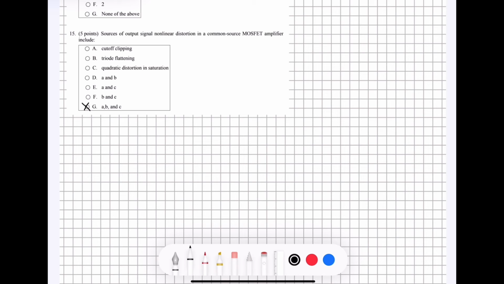So if you imagine you have a graph that shows the relationship between the gate voltage and the drain voltage of a common source MOSFET amplifier, you're going to have a curve that looks something a little bit like this.